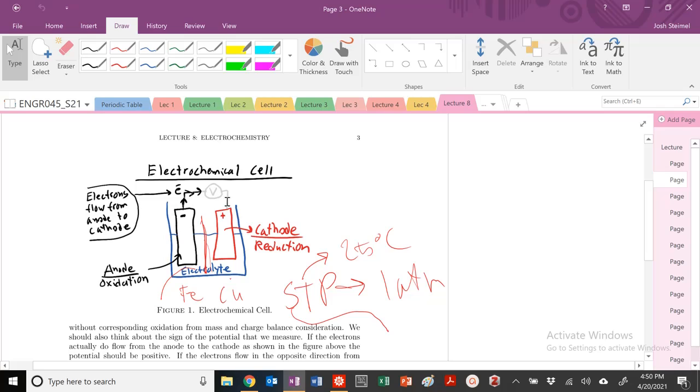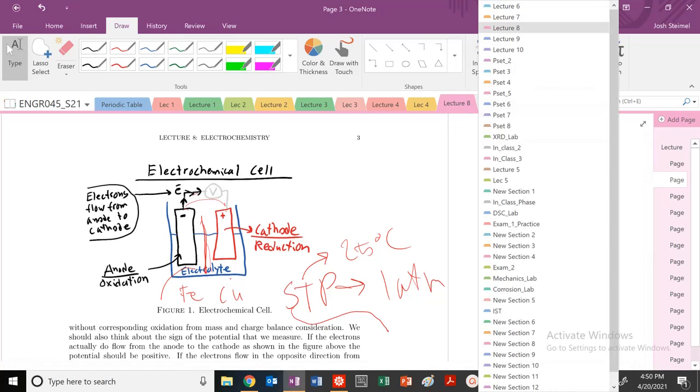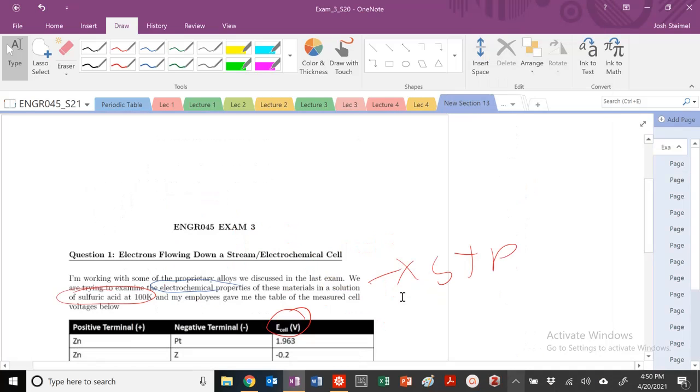If they're flowing from positive to negative, then it's a negative voltage. With that in mind, let's look at this.